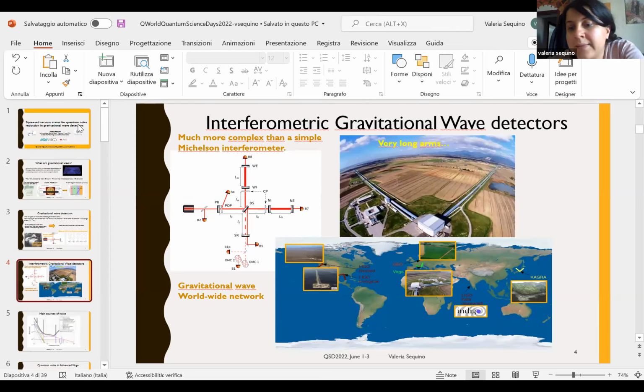Of course, we, the Italian collaboration, also proposed to have something similar, but this is something that should be tested, to have the compact squeezing source also for the new generation of interferometers, for example the Einstein telescope, whose project has been approved, but it is not yet built.